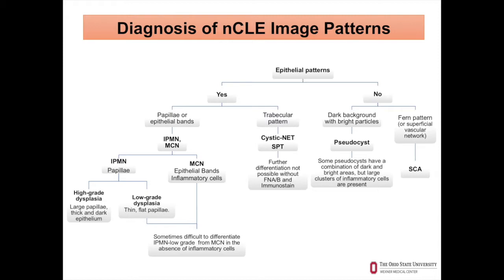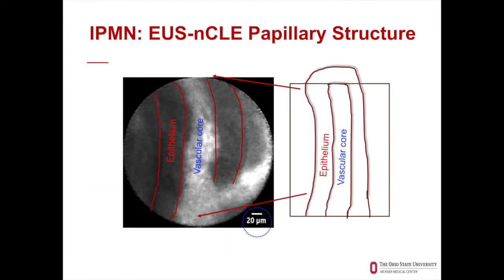The first cyst of interest is IPMN. IPMNs can either be with high-grade dysplasia, where the papillae in the IPMNs are prominent, whereas in low-grade dysplasia, the papillae are much thinner, flatter, and don't have prominent papillary projections. The IPMNs are lined with epithelium which has a papillary configuration.